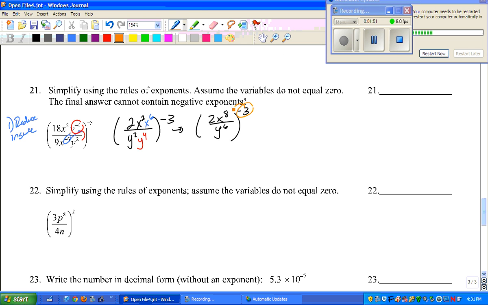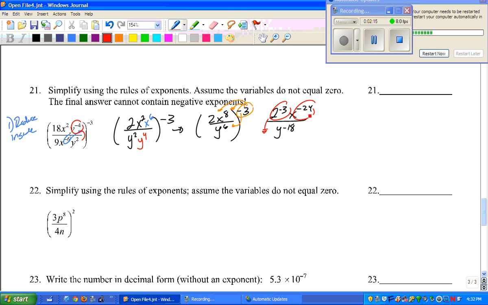And now is when we start to distribute everything, okay? 2 to the negative 3rd, x to the negative 24th, because all you were doing right there is multiplying, and y to the negative 18th.